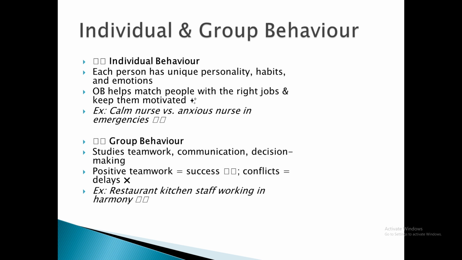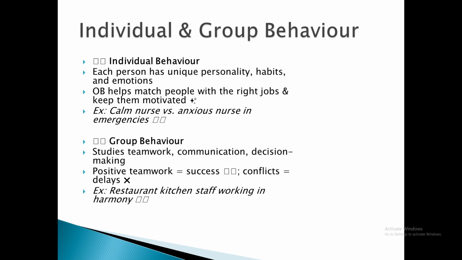And let's take an example. In a hospital, if one nurse stays calm and soothing in an emergency, while another panics, a manager using OB knowledge can assign the calm nurse to the ICU, because that is the place where this kind of attitude is required. In the ICU, the intensive care unit, if you panic, by seeing you the patient will panic also.